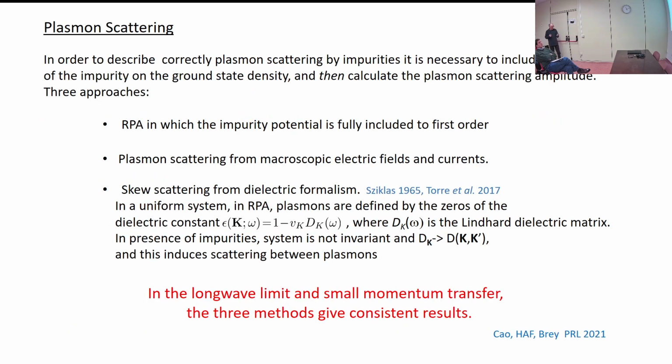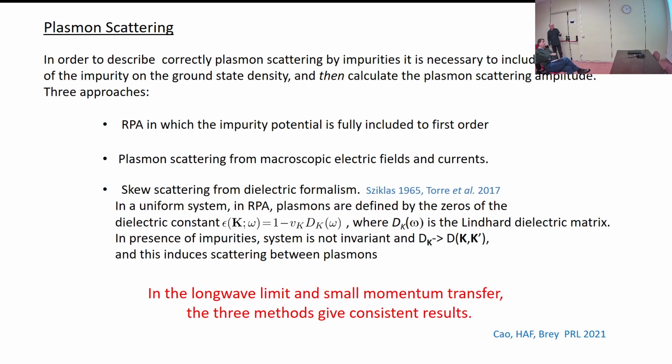We ended up coming up with about three different ways of analyzing the situation. One is an RPA, which I'll tell you a bit more about. This is an RPA where you completely include all the effects of the impurity to first order in the impurity potential, including the screening charge that builds up around the impurity.